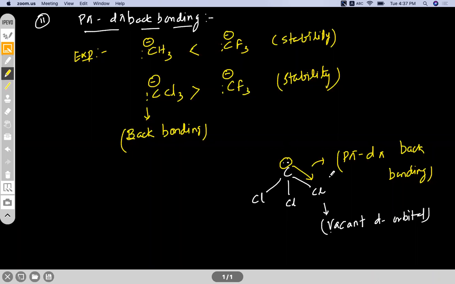And that is why CCl3 minus is more stable than CF3 minus. Okay, understood?